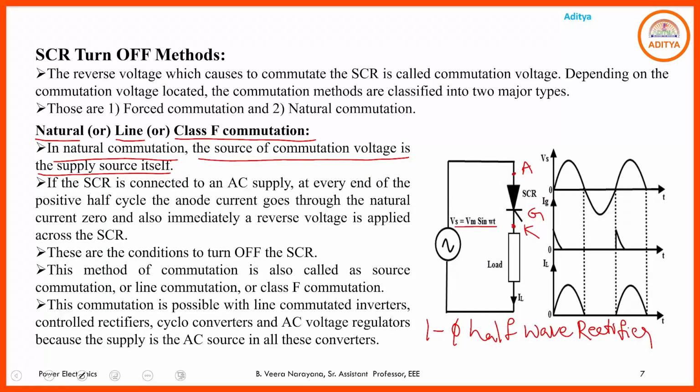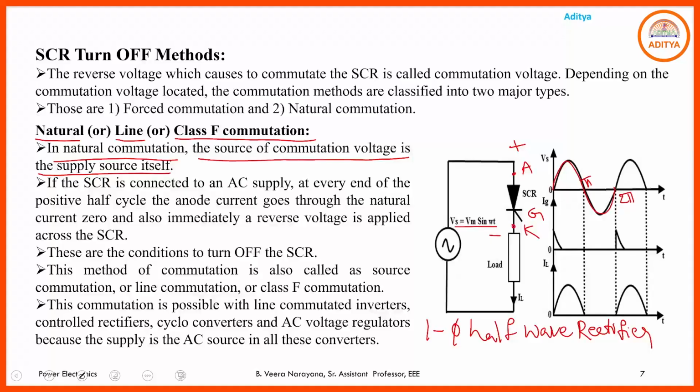And coming to this operation, here we provide the AC voltage as the input. This is the pi and this is the 2 pi. So during the positive half cycle of the supply, what happens? This anode is made positive and this cathode is negative.